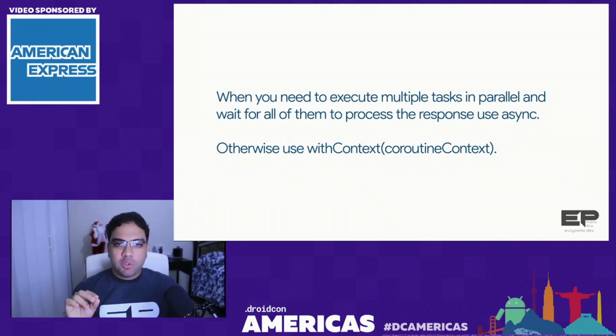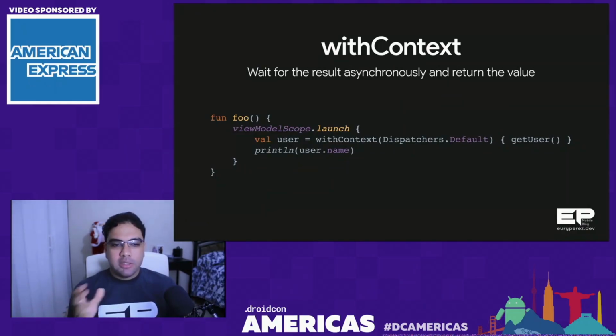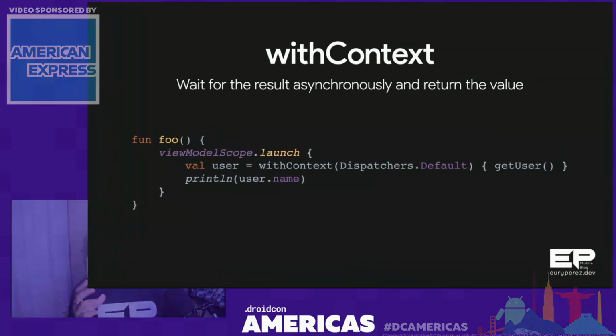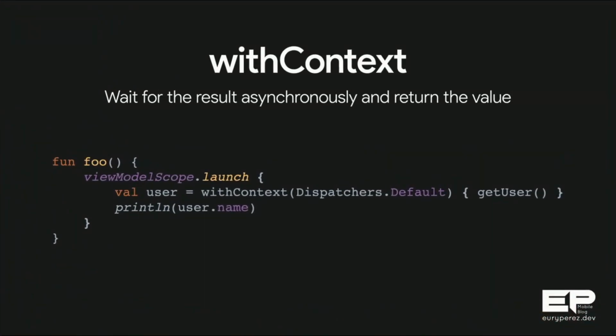But if we just want a value, right, and we want to wait for that value, we just use withContext, like this one. So this is the same example we saw. In this case, the best is to use withContext. As you see here, we don't need to call the await function. We just call withContext. We pass a dispatcher.